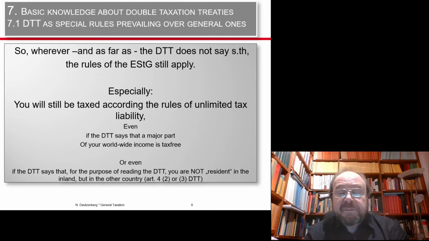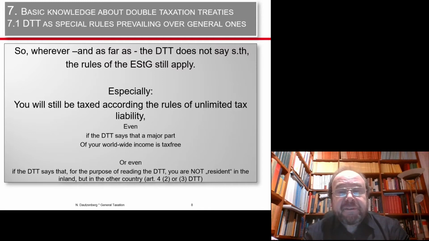Now you would still be taxed according to the rules of unlimited tax liability if you have a residence, one is sufficient, or the habitual abode, you can only have one, in Germany. Because German law says, when I apply, the first step is which rules are applied. Unlimited tax liability, if somebody lives here, or limited tax liability if that person does not have a residence in Germany.